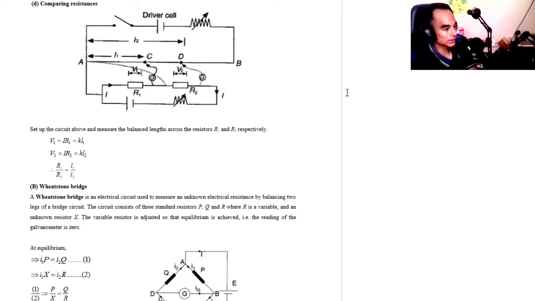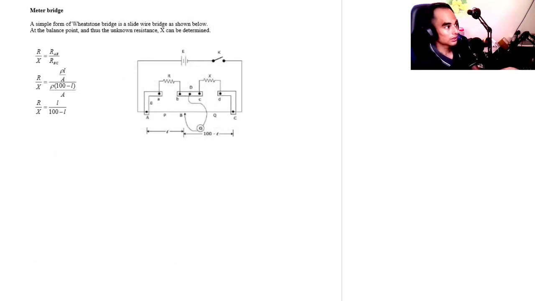Comparing resistance. Okay, Wheatstone bridge. This is done in your experiment. This one has been done, right? Okay, I'm not going to discuss this one. Okay, so meter bridge.